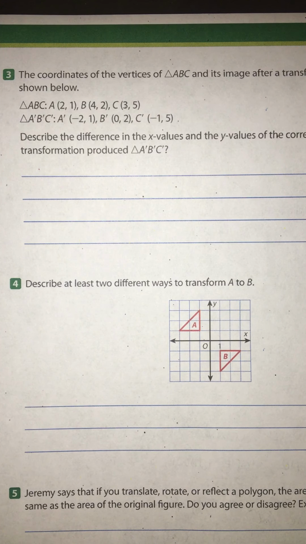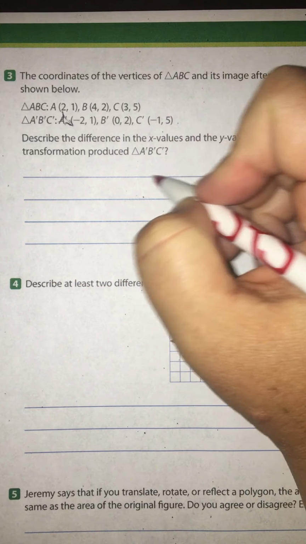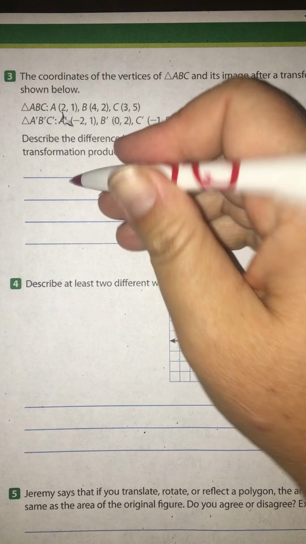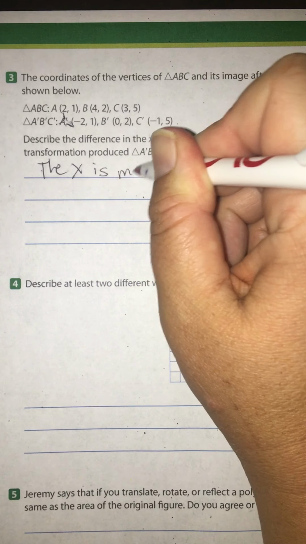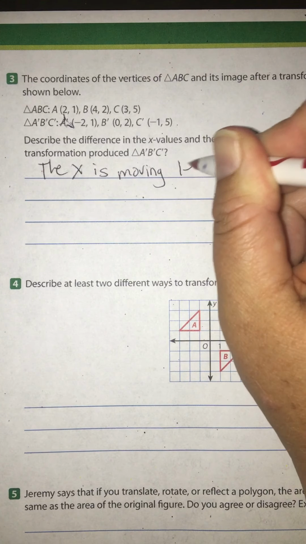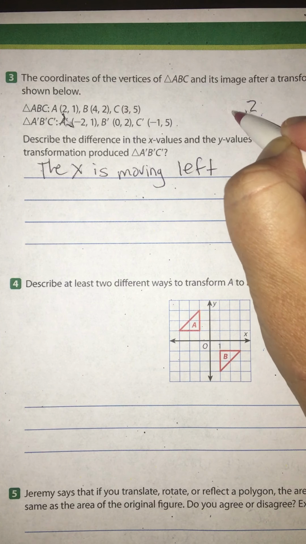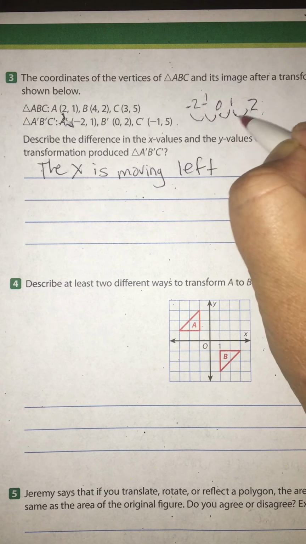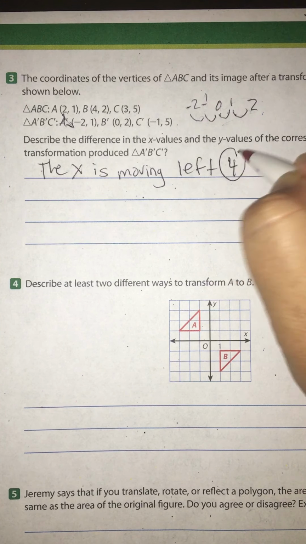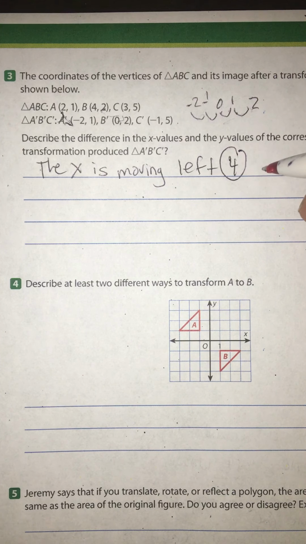These are all showing the coordinates and its image after it was translated. So it went from 2 to -2. So the difference in x and y, okay. The x is moving left. So going from 2 to -2, it's going to 1 to 0 to -1 to -2. So that's 4. Moving left 4, which makes sense because it's going from 4 to 0.